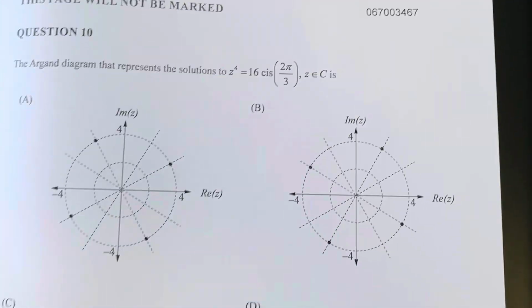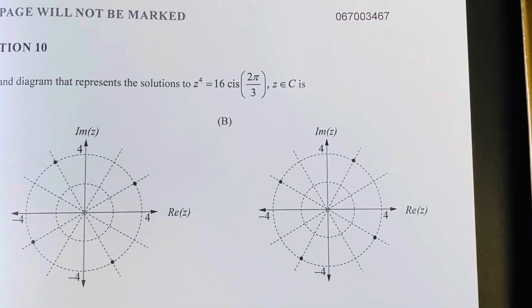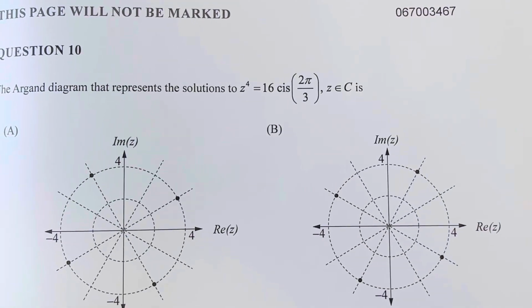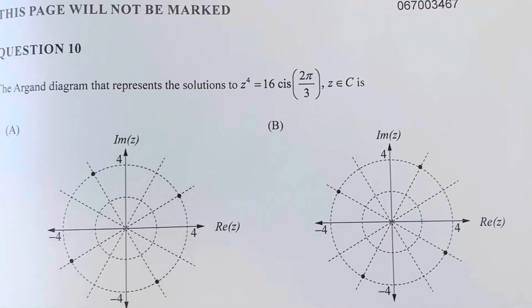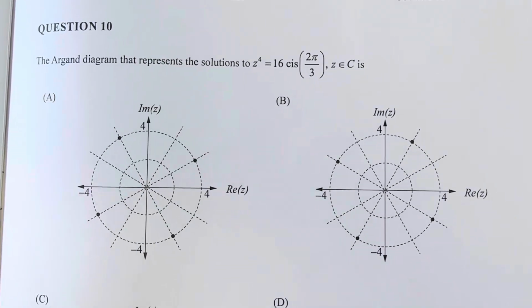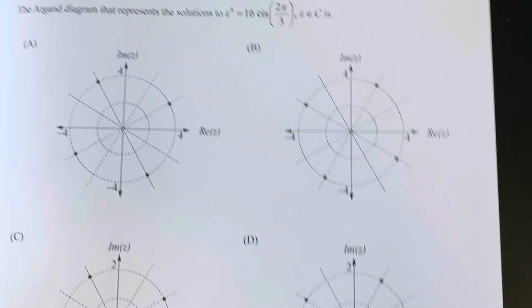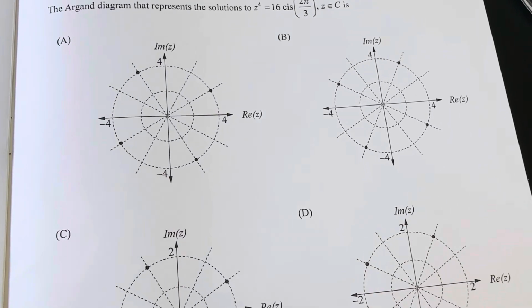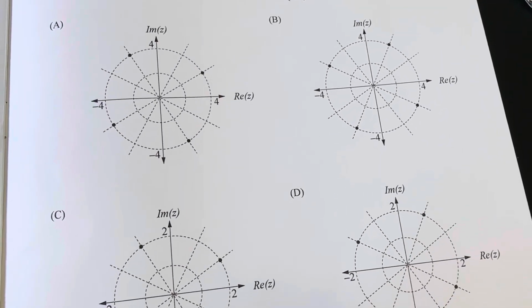Question 10. It's an Argand diagram question. Complex numbers. Represents the solution z^4 equals 16 cis 2 pi on 3.